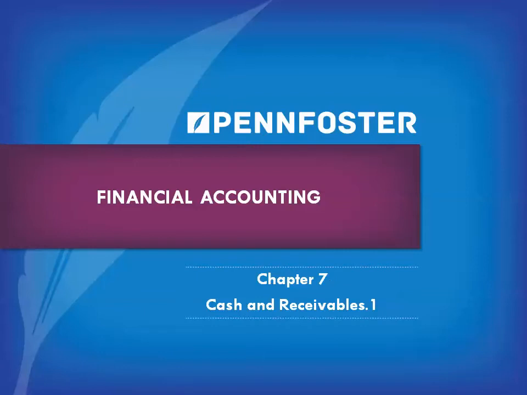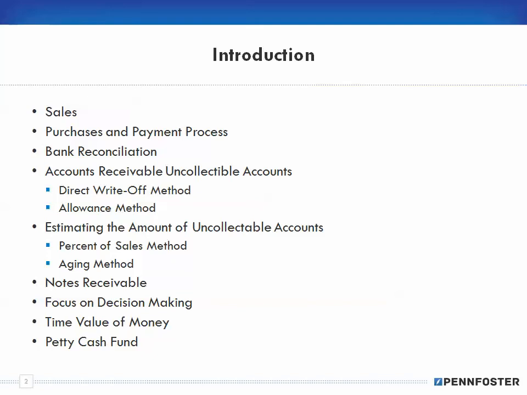Let me get my pen. All right. And in this chapter, we're going to talk about sales. I'm going to talk about the purchases and payment process. We'll cover bank reconciliations. We'll cover accounts receivable as uncollectible accounts using the direct write-off method or allowance method.